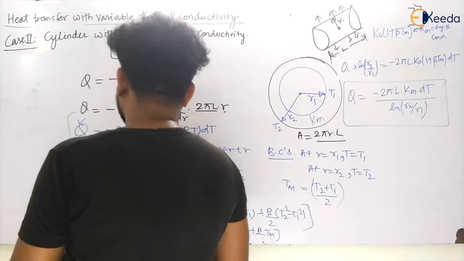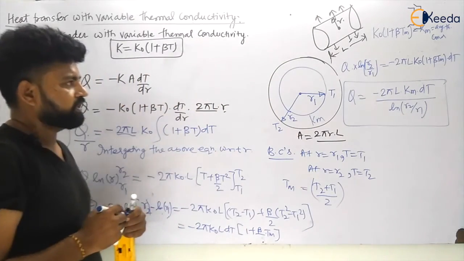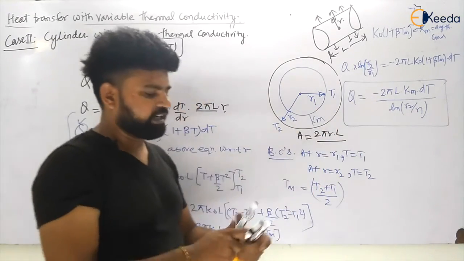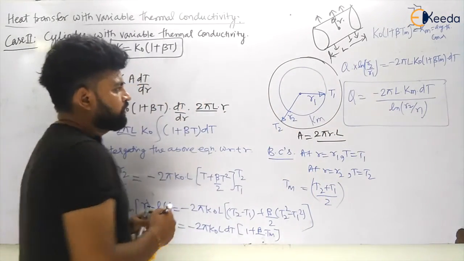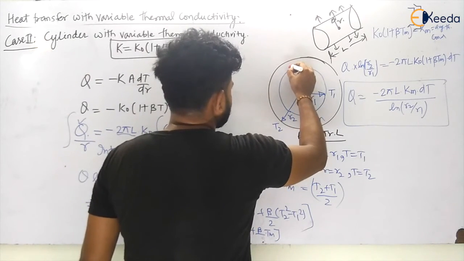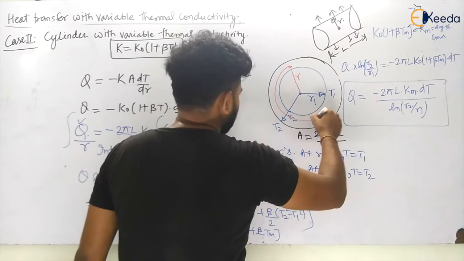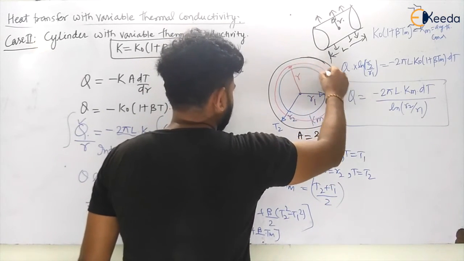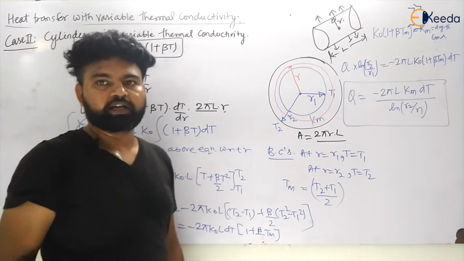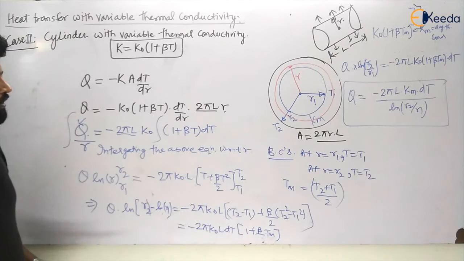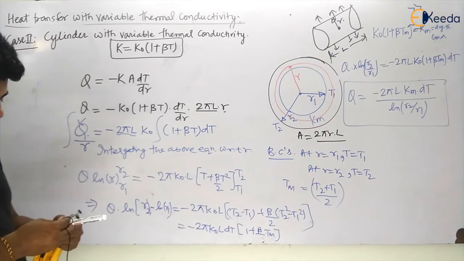Now can we calculate for spheres? Yes. Or can we calculate the temperature at any radius r here? Let us see, at this radius I want to calculate the temperature with variable thermal conductivity. Can I have the temperature? Yes. Let us see how the temperature will be.